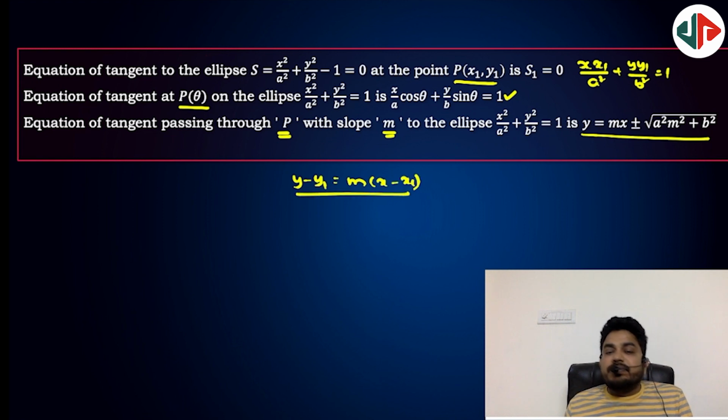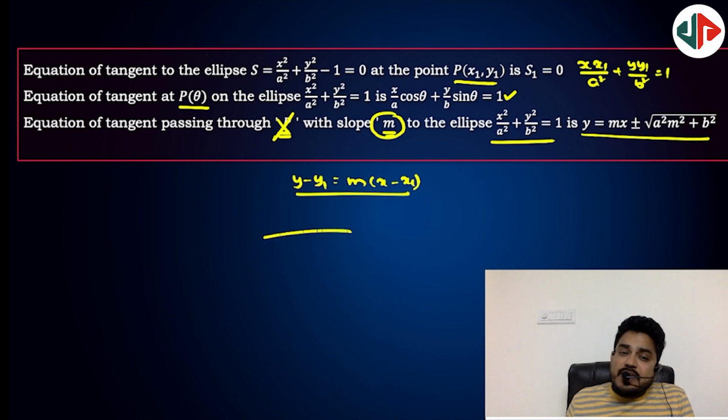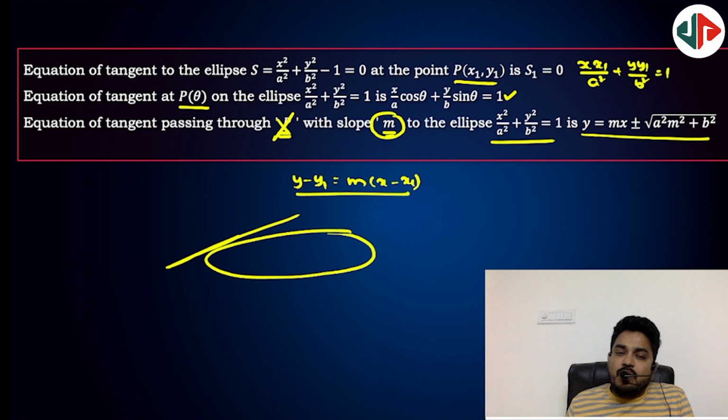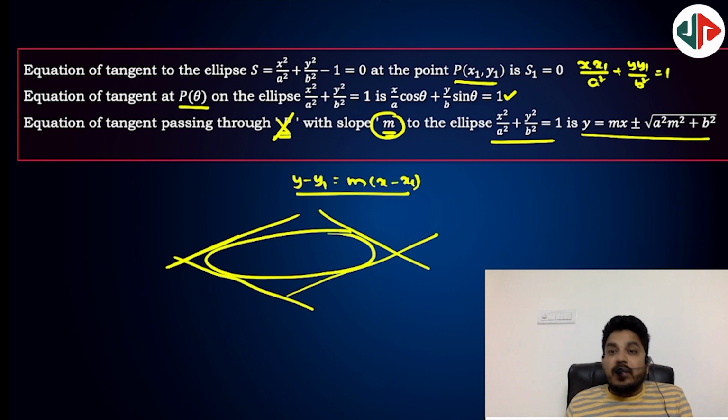Or your point P is not required: any tangent with slope m to this ellipse is y is equal to mx plus or minus root over a square m square plus b square. So with the same slope, there are two parallel tangents, one on this side and one on this side.